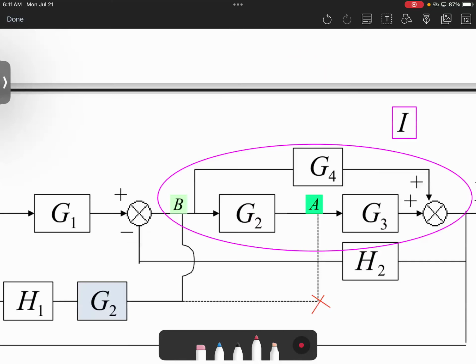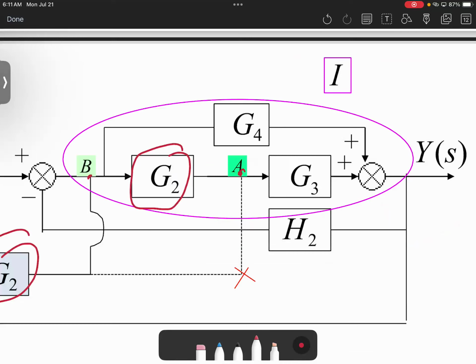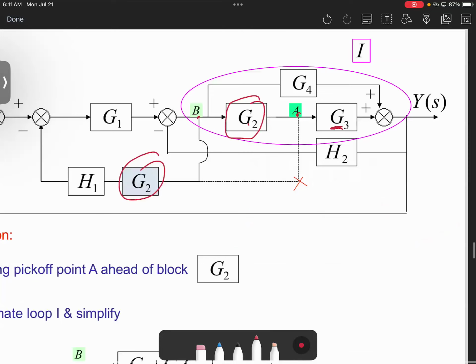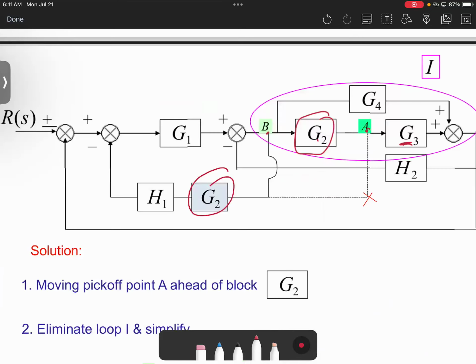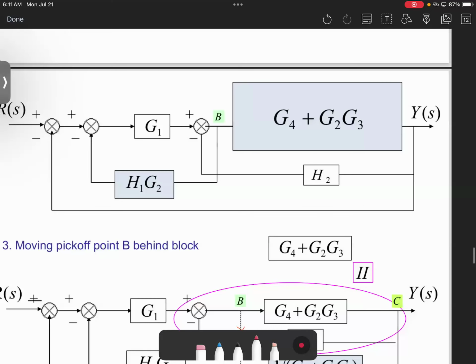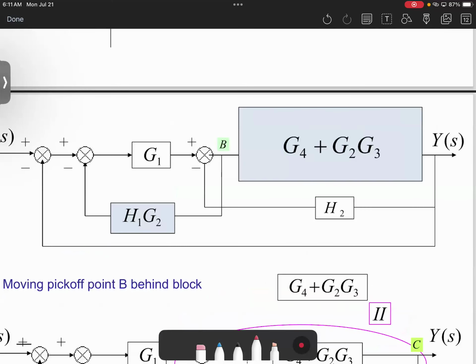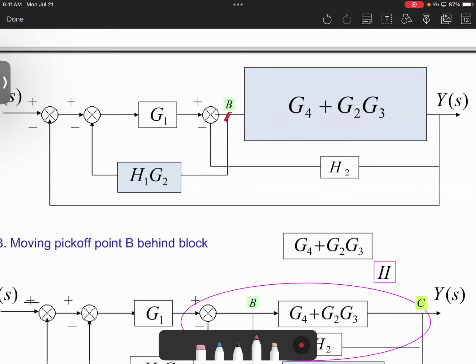After that, from this new simplification, you realize that G2 and G3 are multiplied by each other, and they are summed with G4. Okay? And G2, H1 can be grouped together. Then from this part, we can move the summing point from B to this point, from here to here.